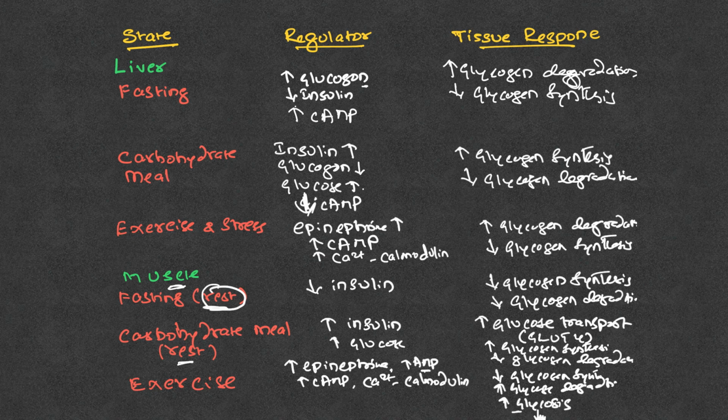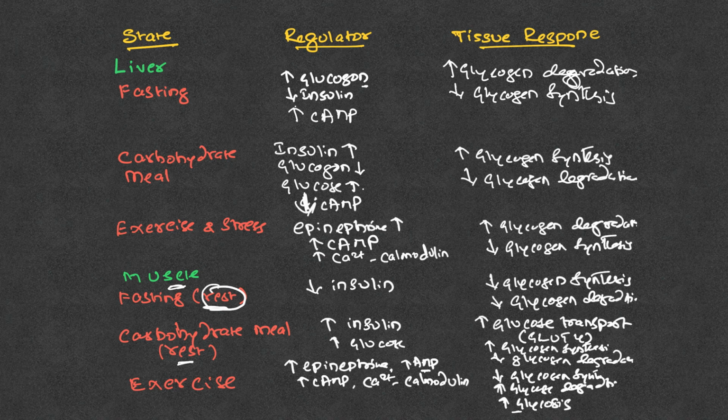Also, you can see glycolysis is increased because the AMP levels will rise when we are exercising, because ATP is broken down into ADP, ADP into AMP, and AMP is a positive modulator on PFK1. Not only that, AMP also sensitizes and acts positively on the glycogen degradation enzyme, glycogen phosphorylase.